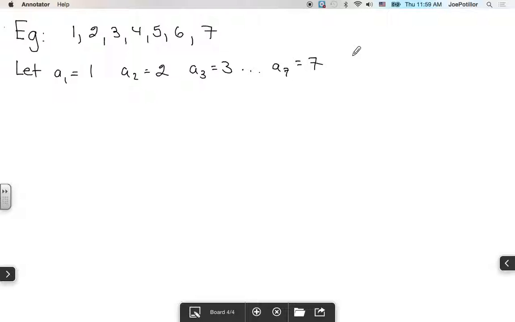Recall I showed you that 2 is equal to 1 plus our common difference here, which is 1. So D is 1. If I was to rewrite this in symbolism, I could say A2 equals A1 plus the common difference.